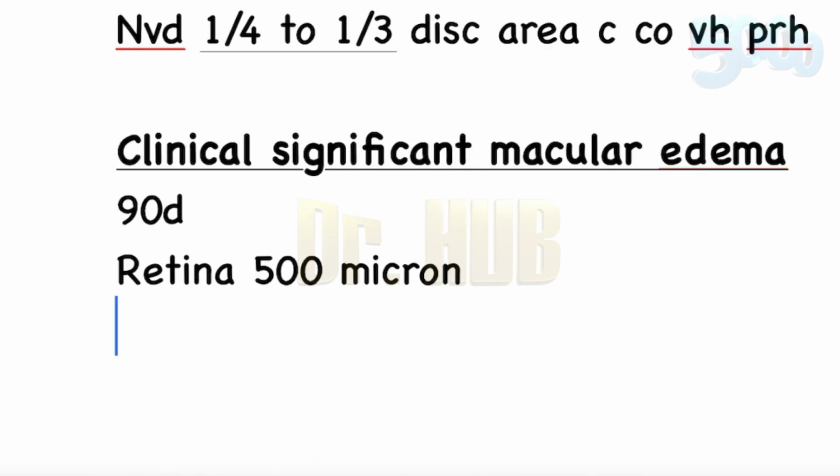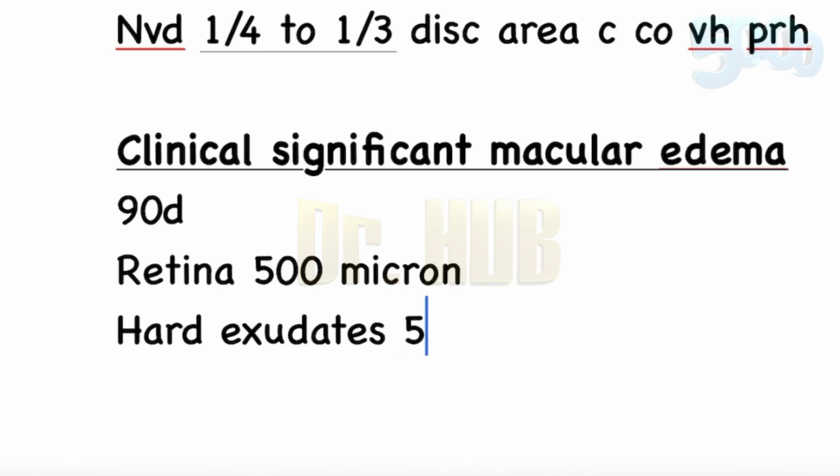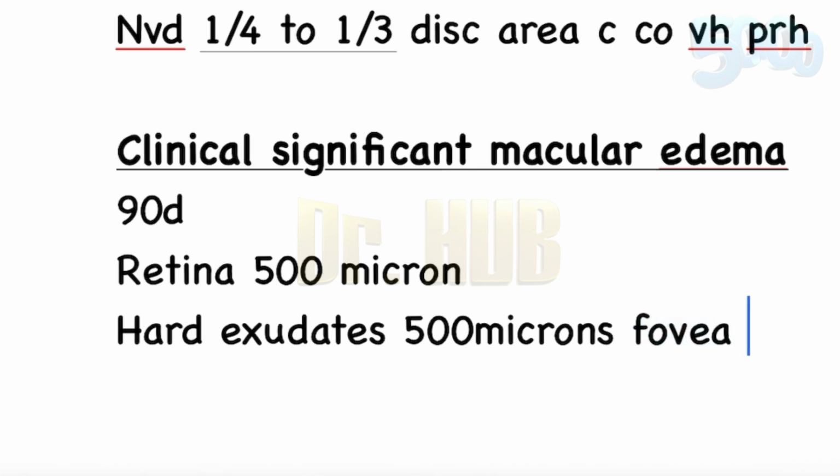Next is hard exudates at or within 500 microns of the center of the fovea, associated with the adjacent retinal thickening.